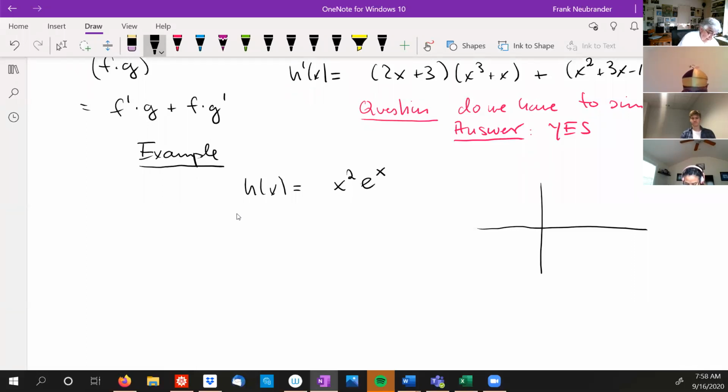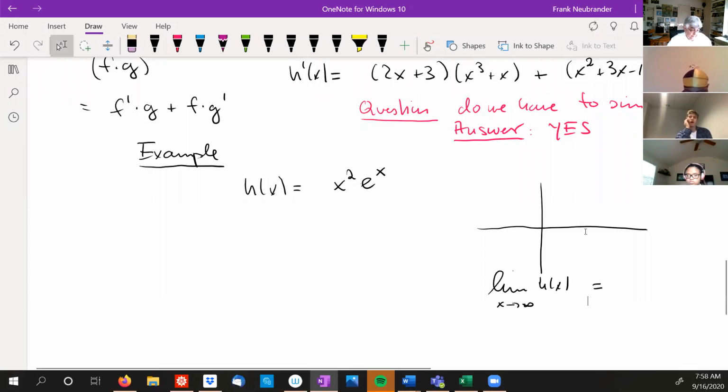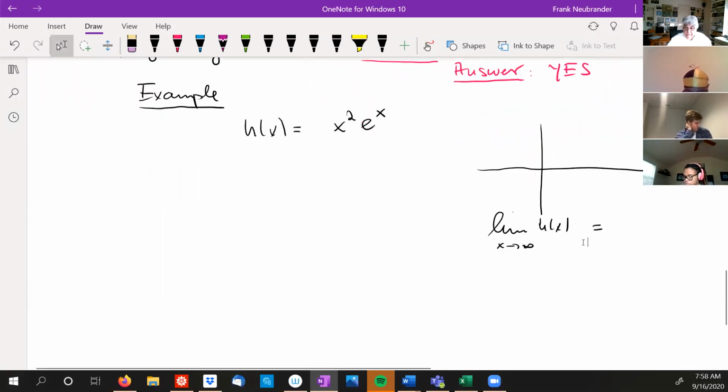What is the limit of h of x if x goes to infinity? If x is a big number, like 10, like 100, you have 100 squared times e to the 100.